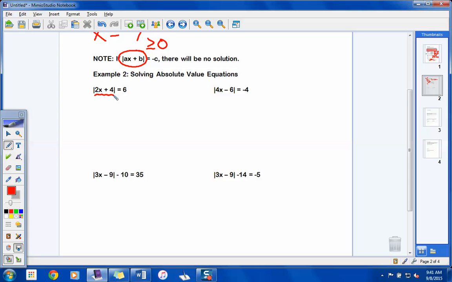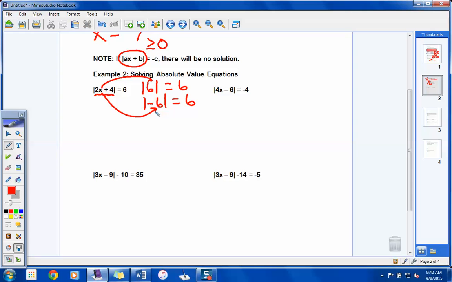Do you guys agree that the absolute value of 6 would equal the 6 that it's already equal to? Would you also agree that the absolute value of negative 6 is equal to 6 as well? So what this implies is that 2x plus 4 has to equal the positive 6 here, or 2x plus 4 has to equal a negative 6.